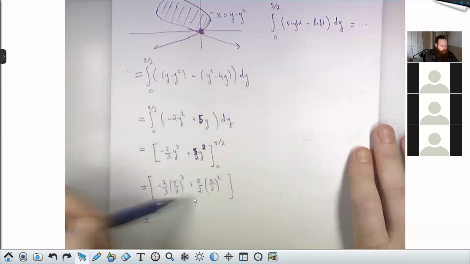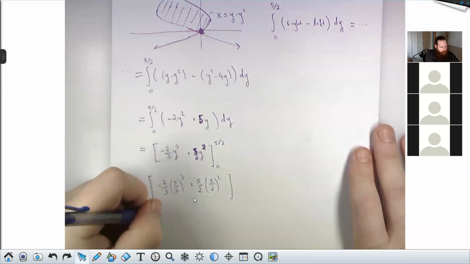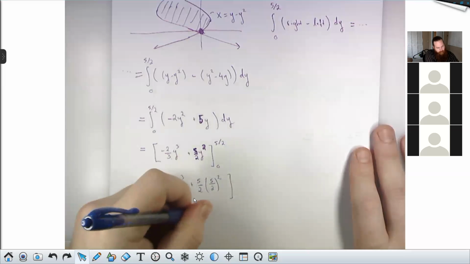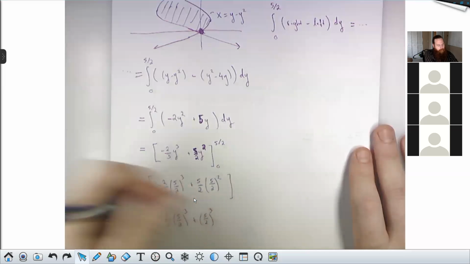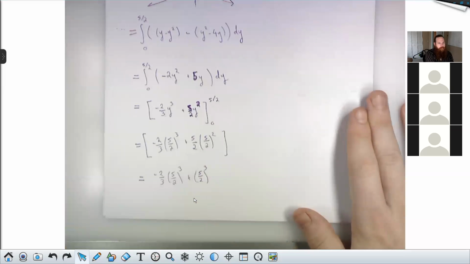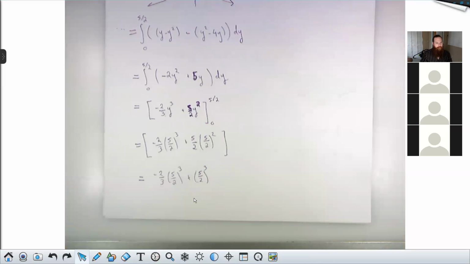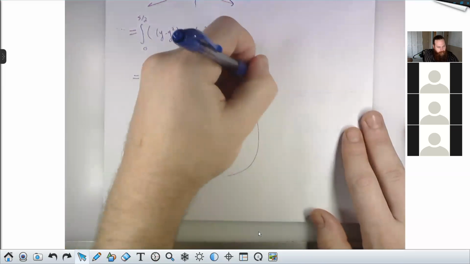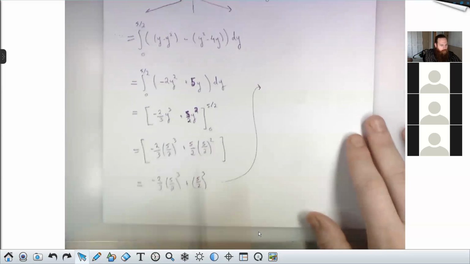This is 5/2 cubed, so we can treat this as negative 2/3 times 5/2 cubed plus 5/2 cubed. And I think the fastest way to simplify this is going to be to factor a 5/2 cubed out. So give me just 1 second to finish the arithmetic here, and then I'll address that question in chat.